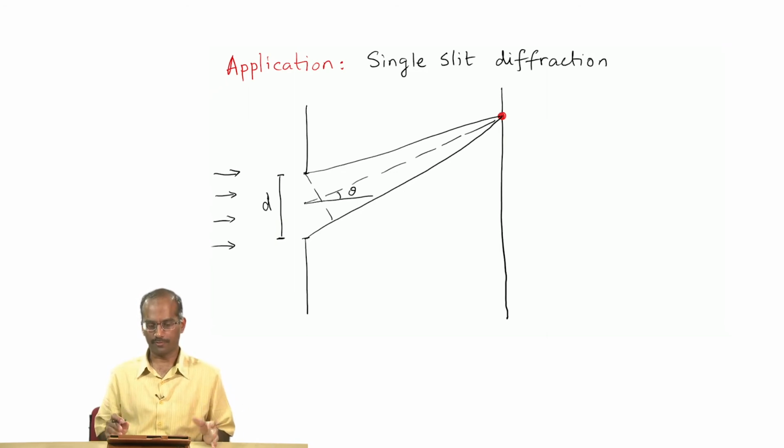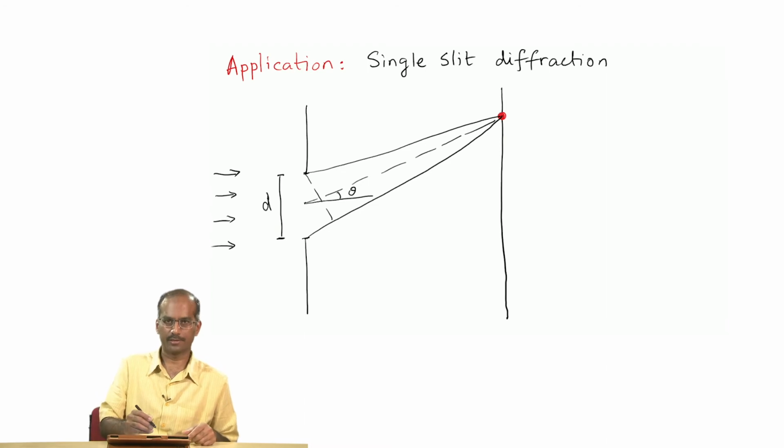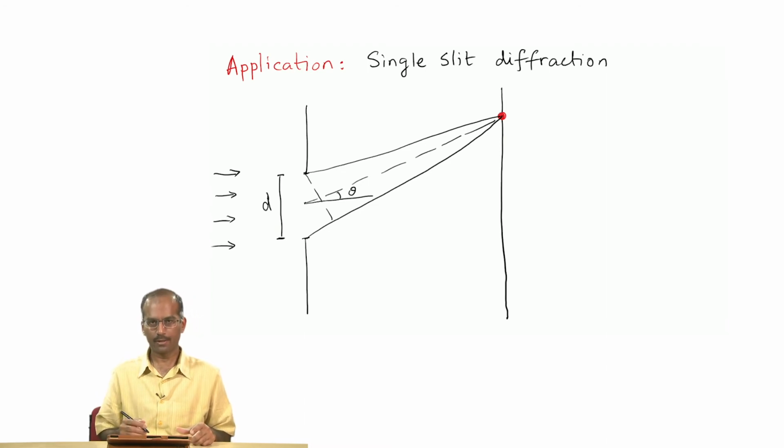So, the problem is the following: we have a single slit that is shown in the diagram. The width of the slit is d, and you have a parallel beam of light coming from the left hand side, and we will assume that the wavelength of light is about the same as d, which is the slit width.